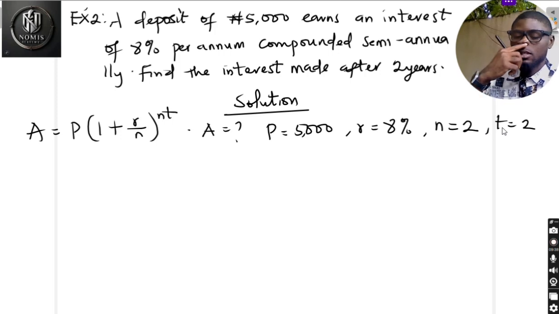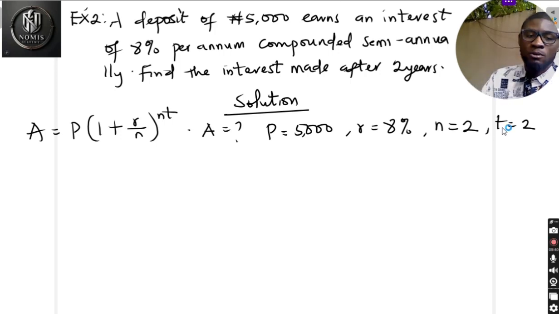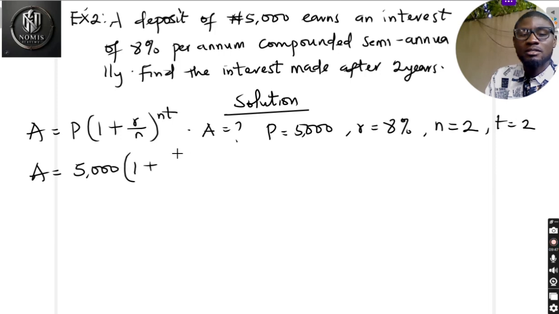So let's put these parameters into the formula and find our answer. A is 5000, open bracket, 1 plus r, which is 8 over 100, all over n, which is 2, close bracket, to the power of n times t, which is 2 times 2.